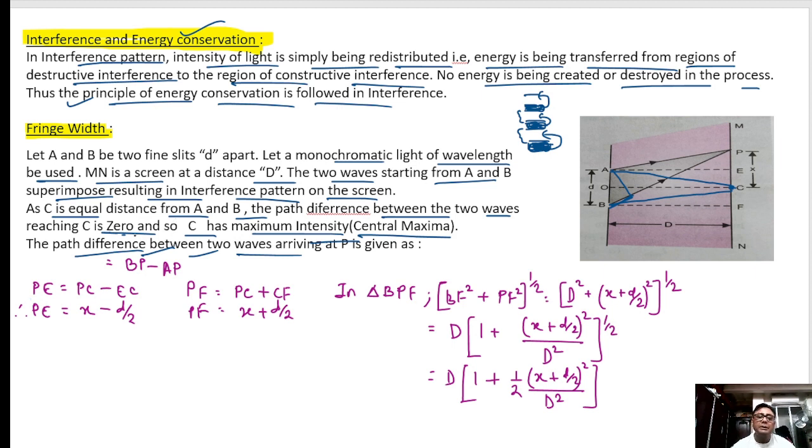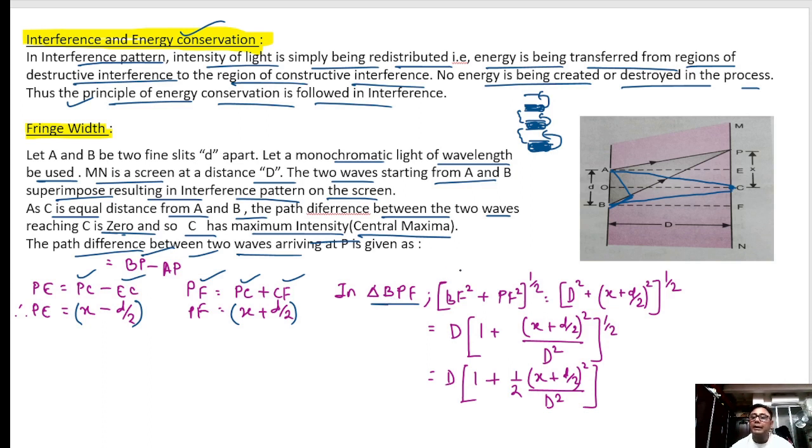PE will be PC minus EC, which is x minus d by 2. And what is PF? PF will be PC plus CF, which is x plus d by 2. So now we are taking the triangle BPF.